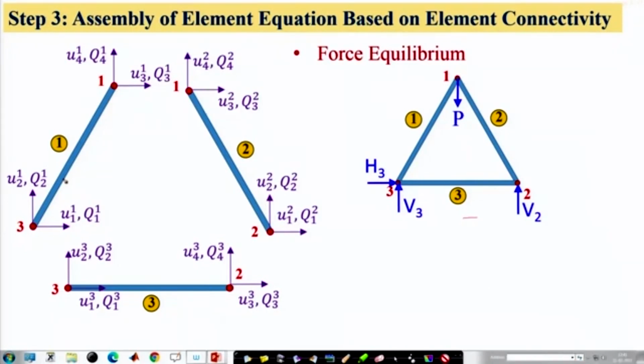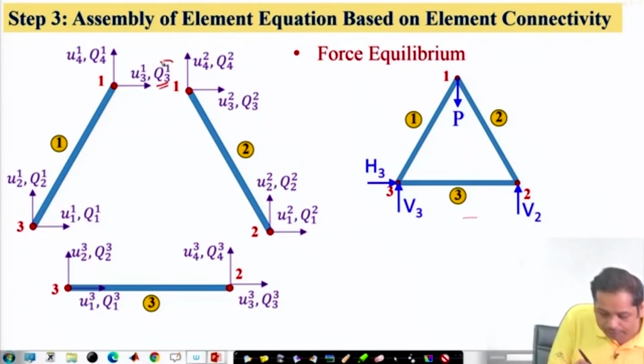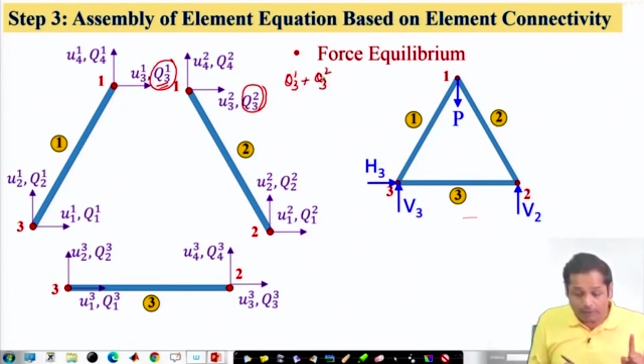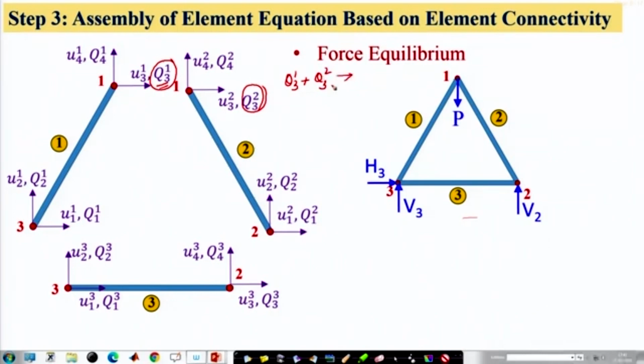From element number 1, we have this force, and from element number 2, at the same node number 1, we have force 3, this one. So what will be the total force at node number 1? The total force at node number 1 will be Q31 plus Q32. This is in this direction, right?